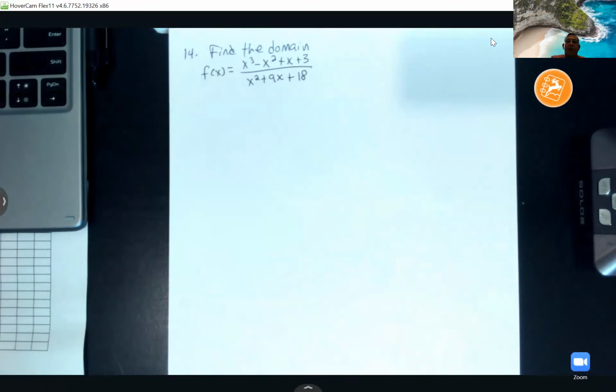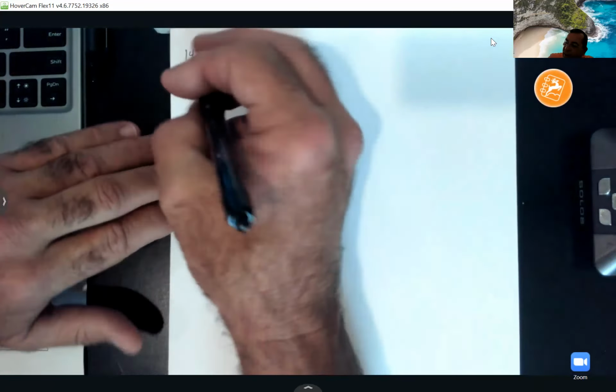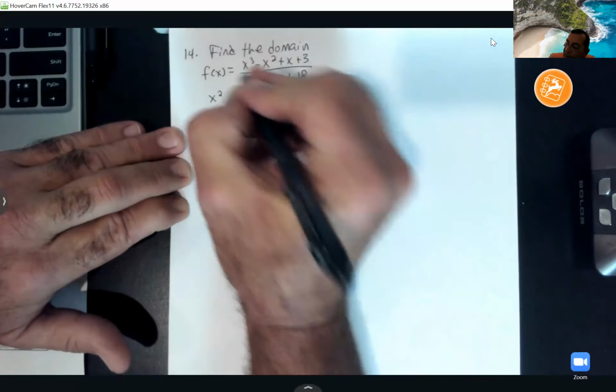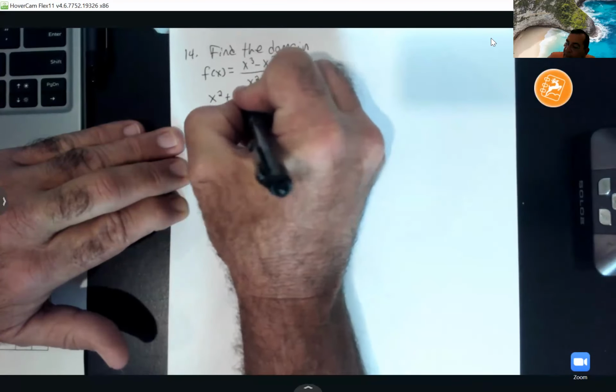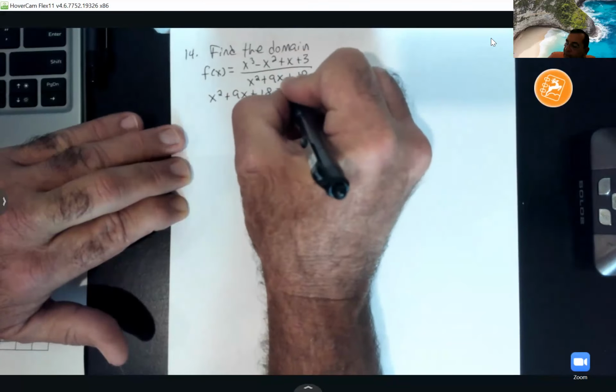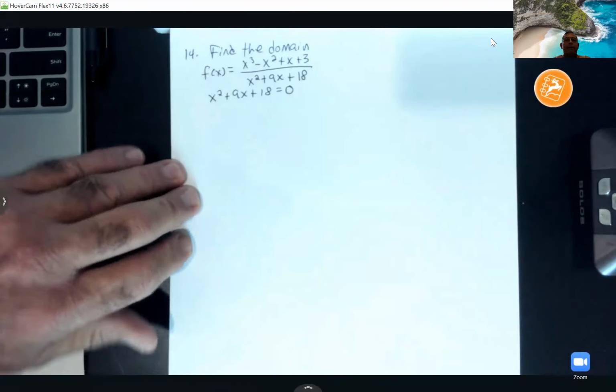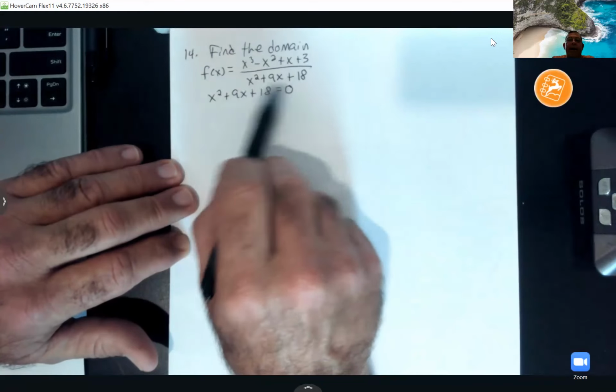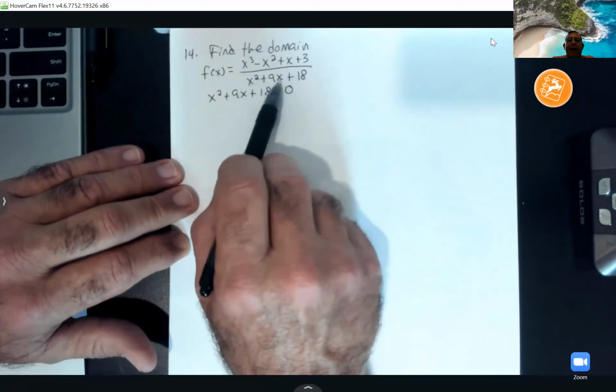Since it's a domain problem, I'm going to take the bottom of this fraction and set it equal to 0. Remember, for domain, all we're worried about is something making this thing undefined.